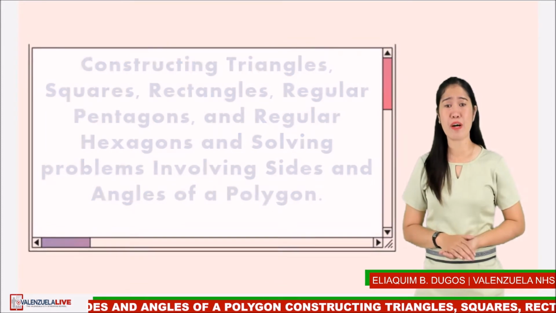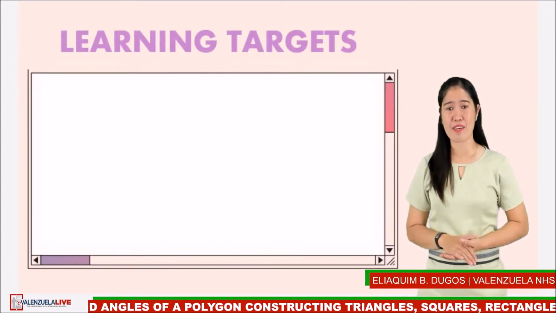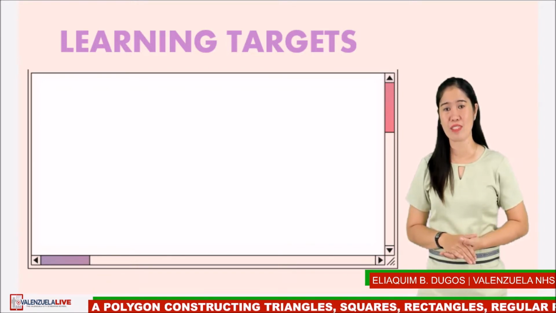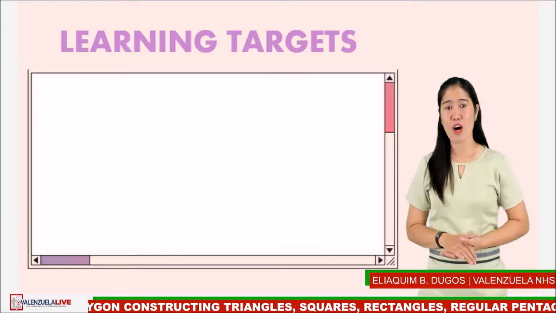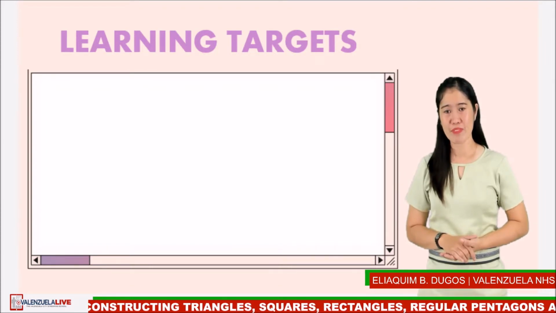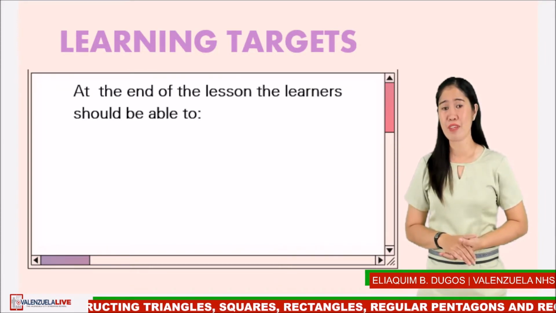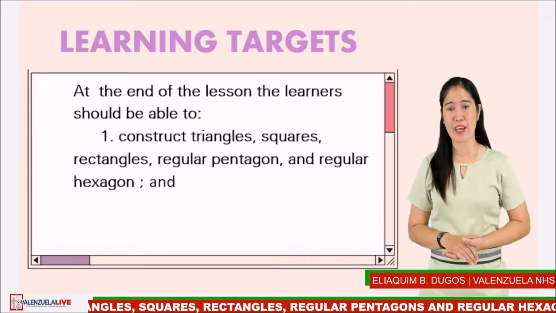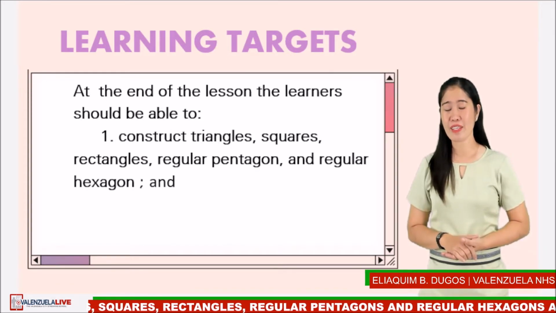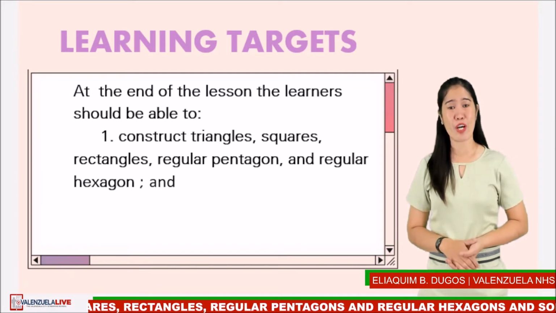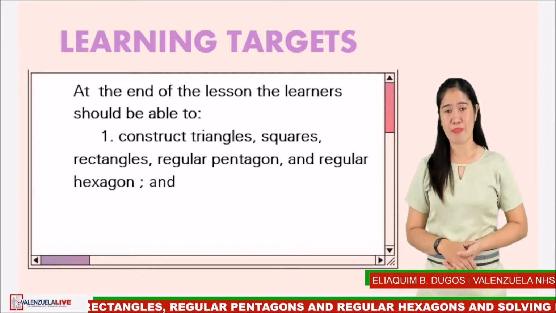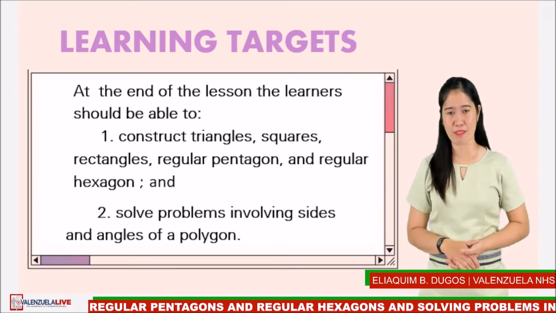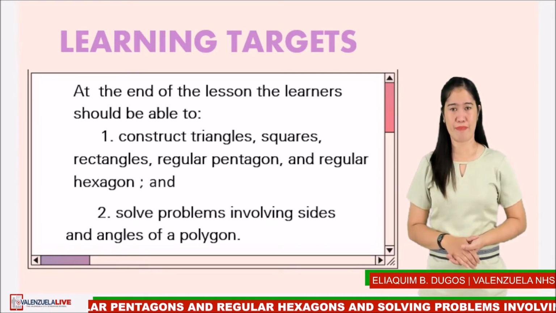As we embark on our journey in Mathematics 7, let us familiarize ourselves with the most essential learning competencies of today's lesson. At the end of the lesson, the learners should be able to construct triangles, squares, rectangles, regular pentagon, and regular hexagon, and solve problems involving sides and angles of a polygon.